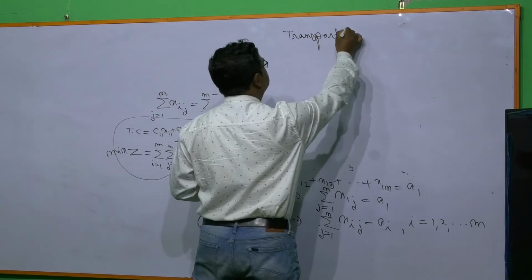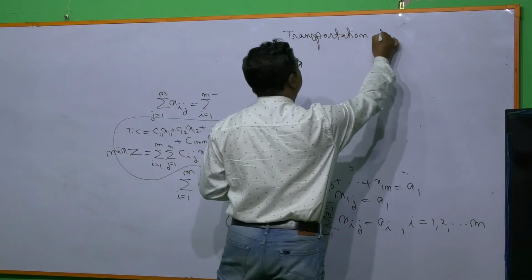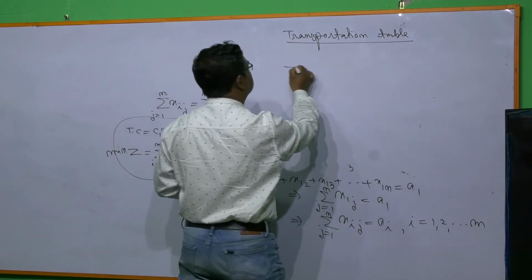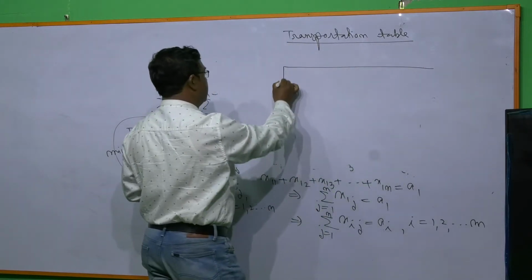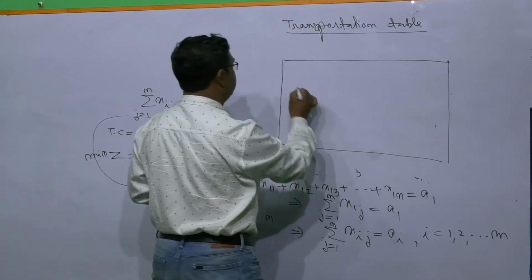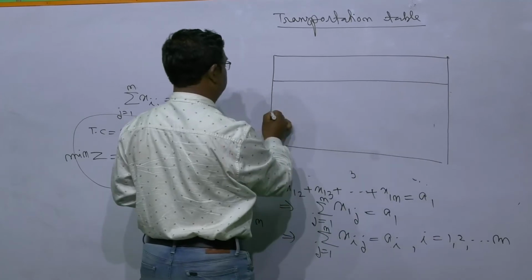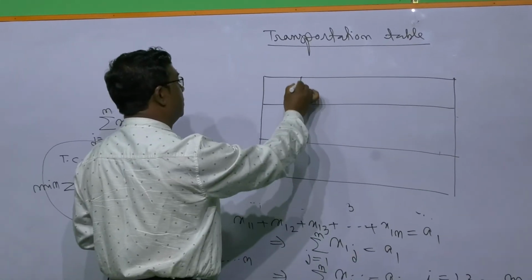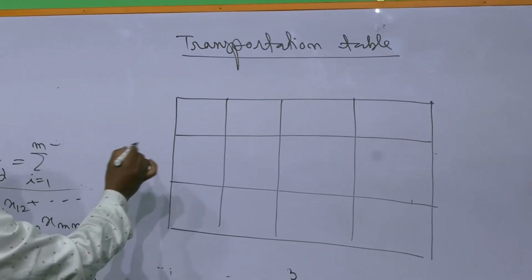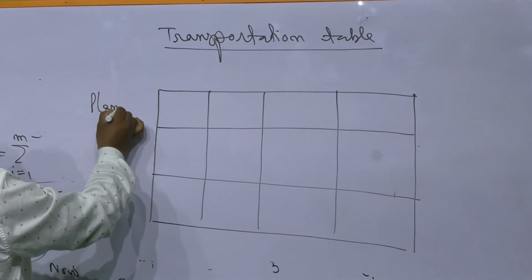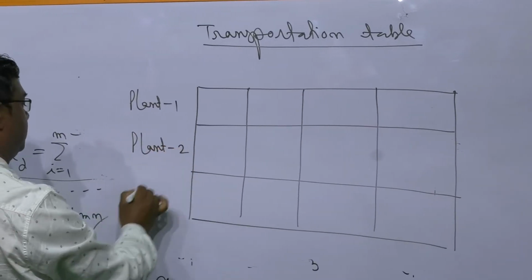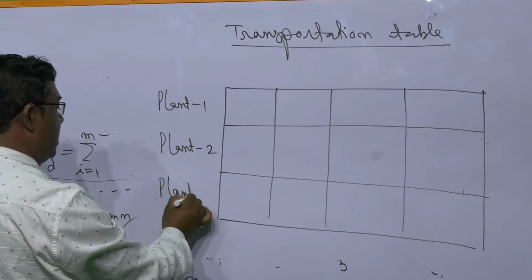Transportation table. So there are 3 sources and 4 destinations. So plant 1, plant 2, plant 3.